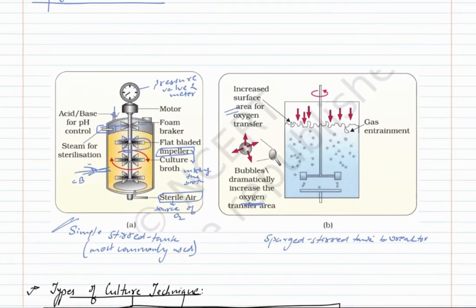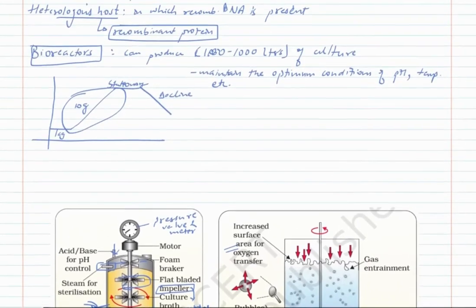So what we do is we will keep on pumping the culture media, and from one side we will keep on extracting small samples to take out the product. Why? Because in the log phase or in the exponential phase, when there is maximum growth of bacteria, the maximum product will be formed.